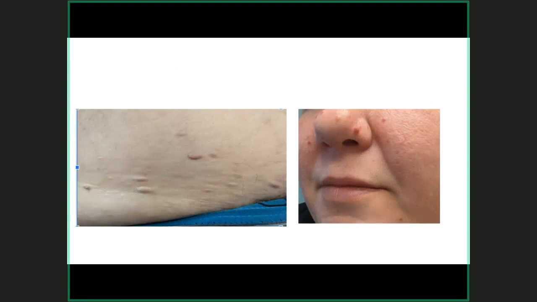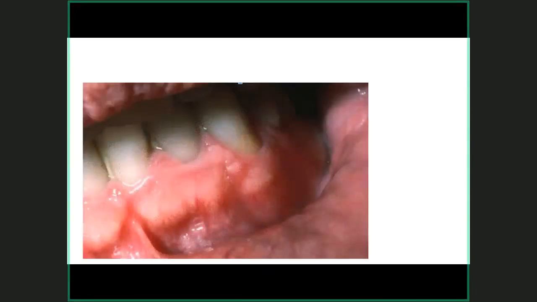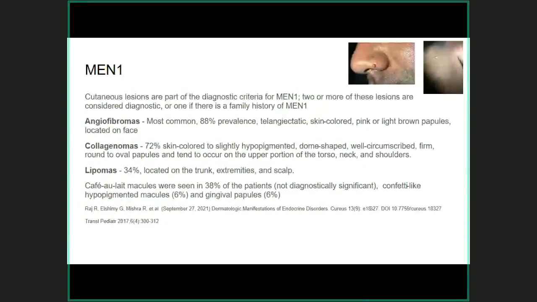Yes, this was actually my patient in my practice with both those manifestations. Lipoma. You see something here, pretty subtle, but there. Gingival papule. And all of these are manifestations of MEN1.